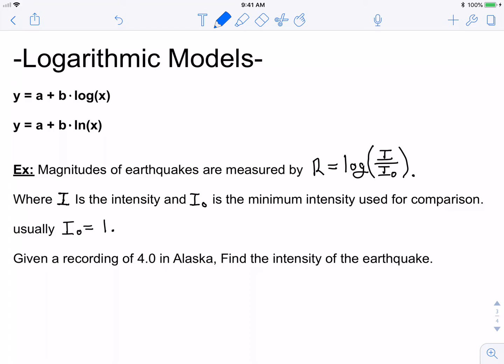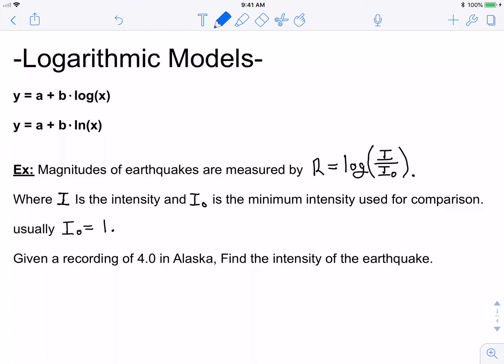If no number is given, it's always base 10. And we're also very interested in e, or natural logs, which we see in y equals a plus b times the natural log of x. These come up quite frequently, not as frequently as exponential growth and exponential decay, but I'm sure you'll see them when you start looking at some data or you start looking at sales in general.